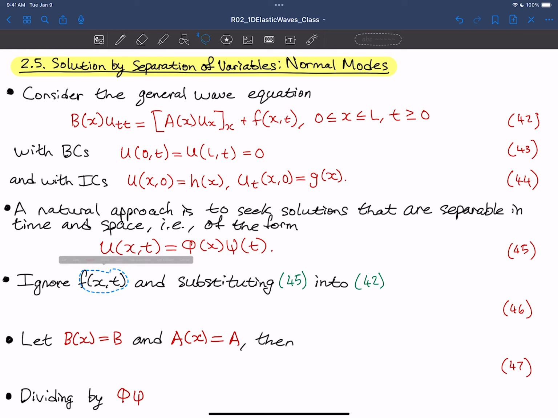And here we're going to now ignore f of x comma t, and we're going to substitute equation 45 into equation 42. This is going to produce the following.